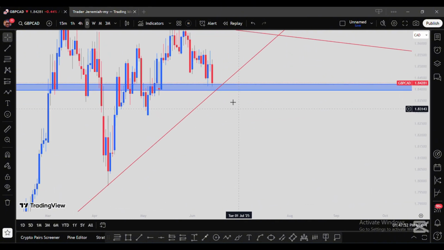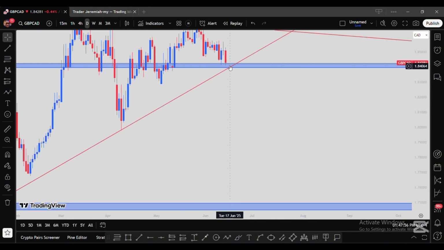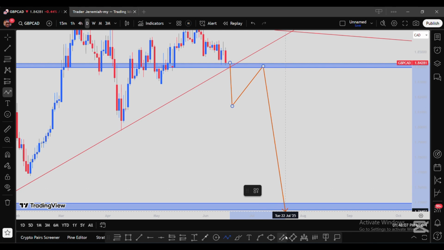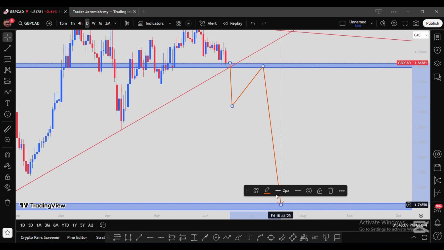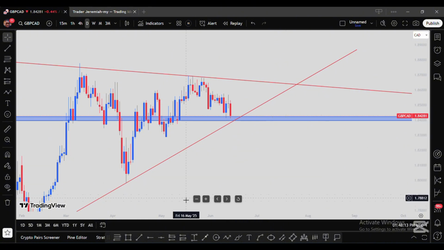But in a situation whereby price broke below here and also broke the counter trend, as price was heading lower, I'll just be expecting price to break it. After we have a clear break like this and also a retest of it, I'll be going into a sell trade back into the next major level. So that's how I'll be looking to get into a sell trade on GBPCAD.